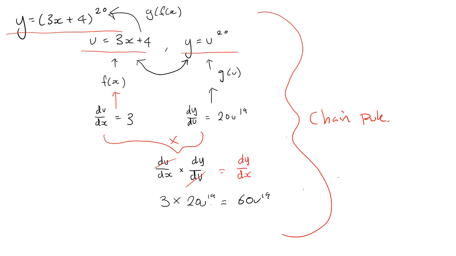Okay, let's try another example. Let's say we had y equal to (2x plus 2x squared plus 2x) to the power of 14. First we need to let u equal 2x squared plus 2x.